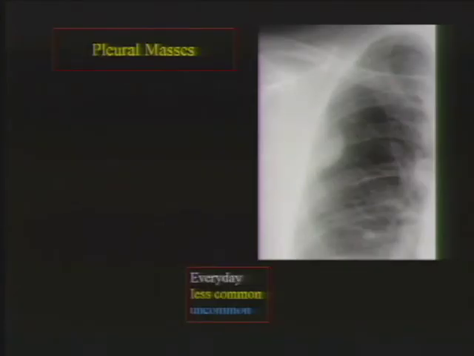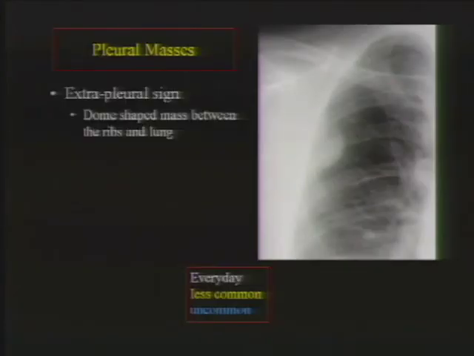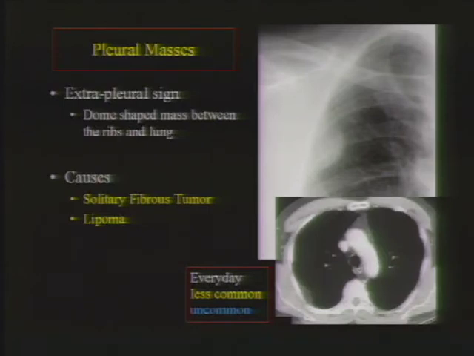Pleural masses, as you all know, characteristically cause the extrapleural sign, where we have this dome-shaped mass with a sharp medial border and an indistinct lateral border. These are actually relatively rare findings, so there are no common causes, but less common causes are most often solitary fibrous tumor and pleural lipoma. In this case, we did a CT scan, and you can see the fat in the pleural space, and this represents a lipoma.